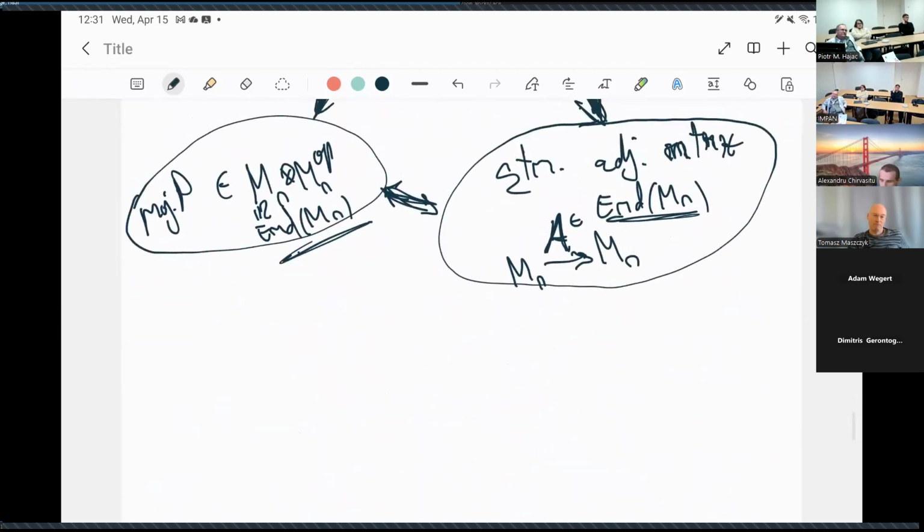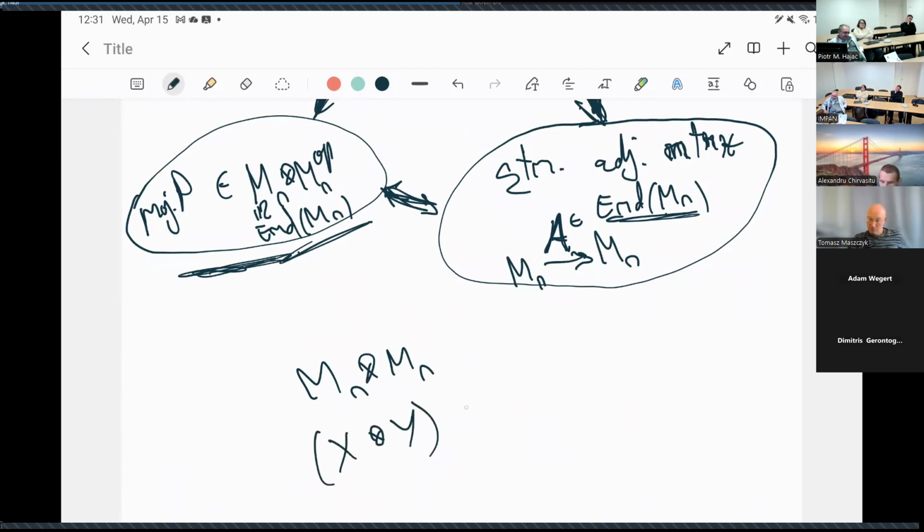What happens is you have two ways to think of End Mn. One is like this, as on the left here, Mn tensor Mn up. Another is as Mn tensor Mn, by making X tensor Y operate on some other matrix by X times normalized trace of YT.